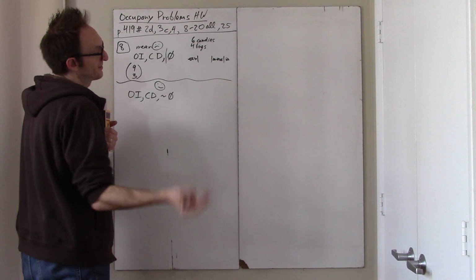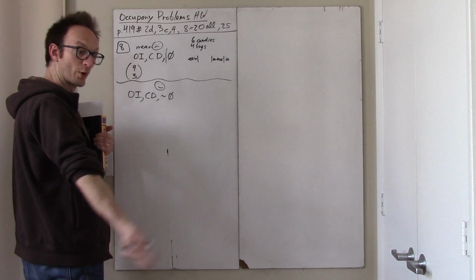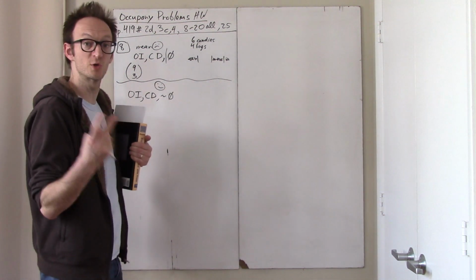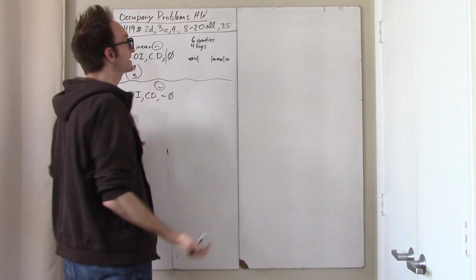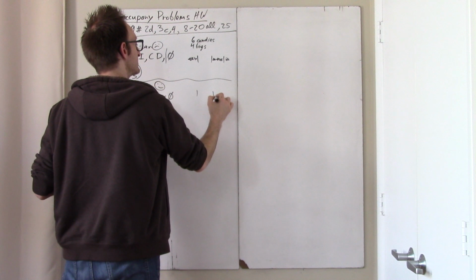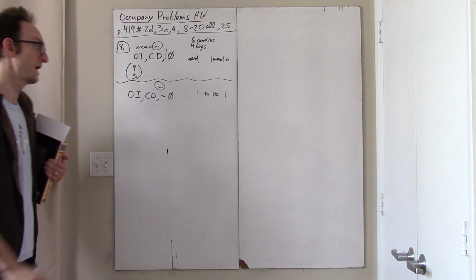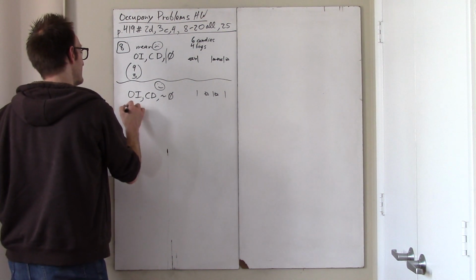Because now you have your 6 candy bars, you give one to each of the 4 kids, and now you just have 2 candy bars left, and now you just do a stars and bars with those 2 last candies. So it's the same setup, and now we have just 2 stars to distribute among the 3 vertical lines. So that's a string of length 5, and so it's 5 choose 2.